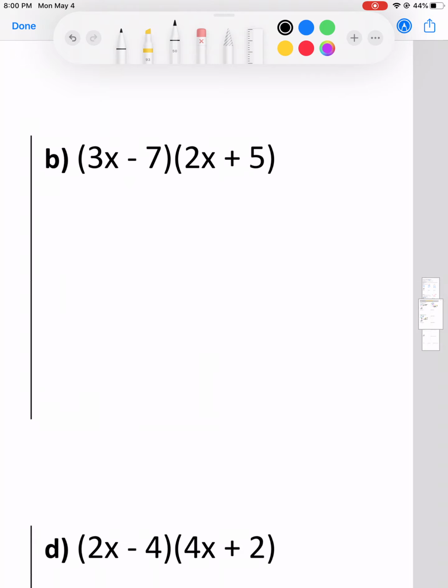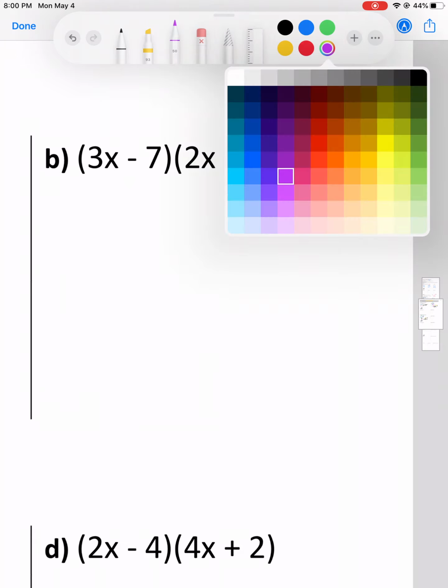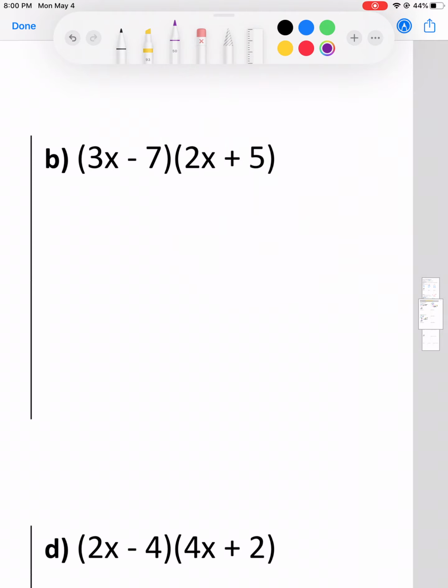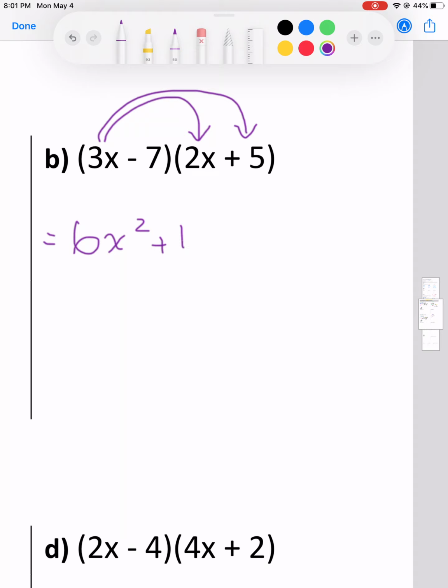One color. Let's do purple. It's my favorite. Let's go a little darker. Okay. So 3x times 2x is 2 times 3 is 6, x times x is x squared. 3x times 5, 3 times 5 is 15.